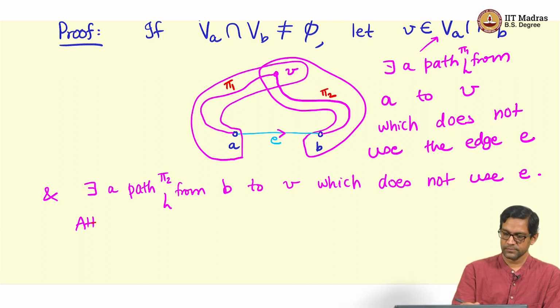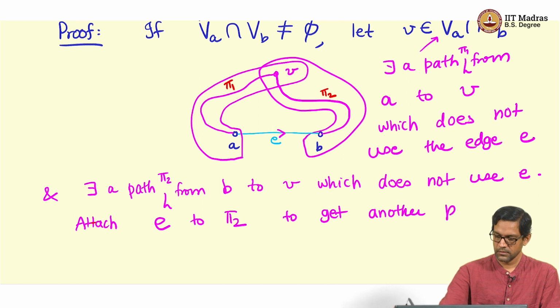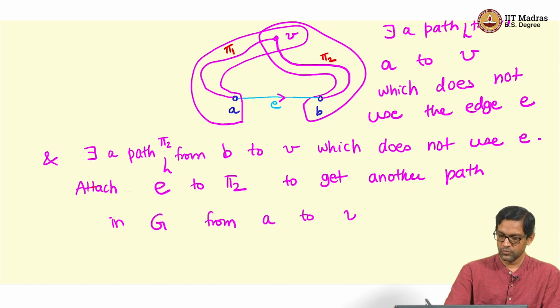So, attach edge E to pi 2 to get another path in the original graph from A to V. Okay. So, this contradicts the assumption that in the original graph there is only one path between any 2 points.